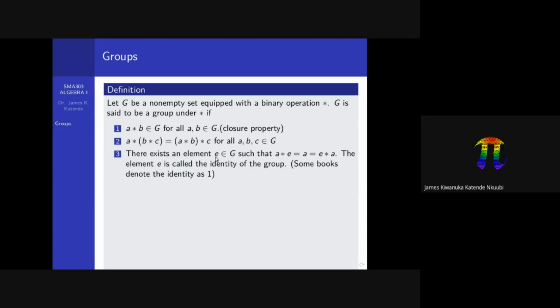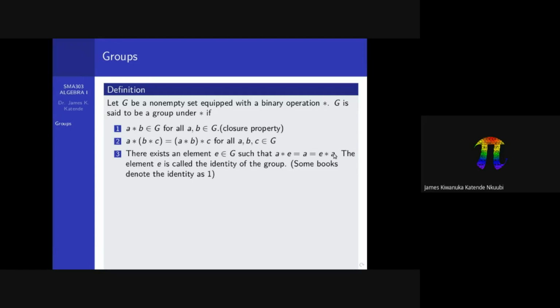So the next property is that there must be an element in the set such that this element, we call it E, and A star E will be equal to A, which is equal to E star A, for all elements A in the group. So it doesn't matter which element A you pick.